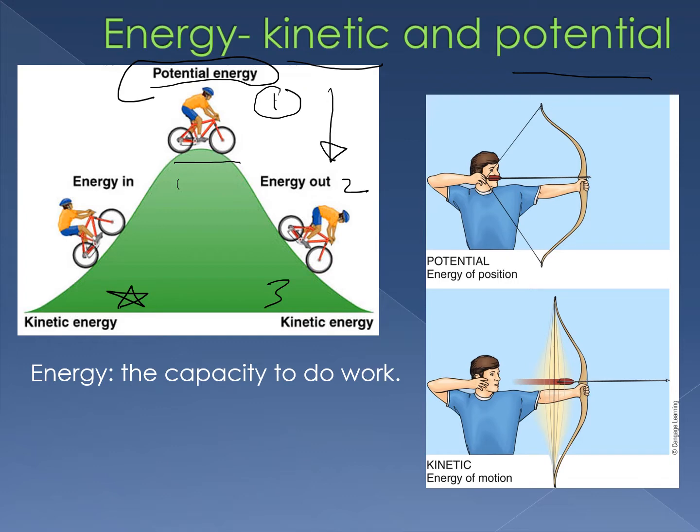Kinetic energy is the energy in movement. And then in 3, we could apply the brakes if we had an electrical generator set up on one of these tires, and that kinetic energy would be converted to electrical energy.